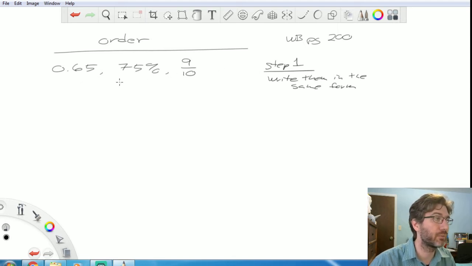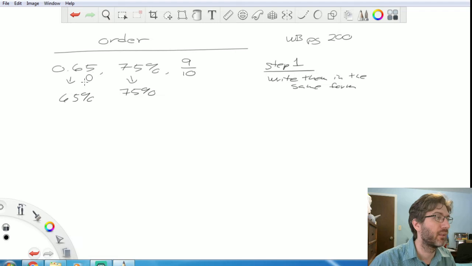75 is already written as a percent, so underneath it, I don't want to use a division sign. I'm just going to use an arrow: I turned this into a percent, 75%. I'm going to turn 0.65 into a percent, which is really simple because you multiply by 100, move your decimal point twice, and you get 65%.